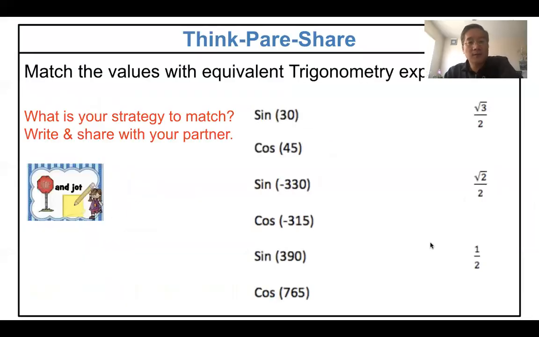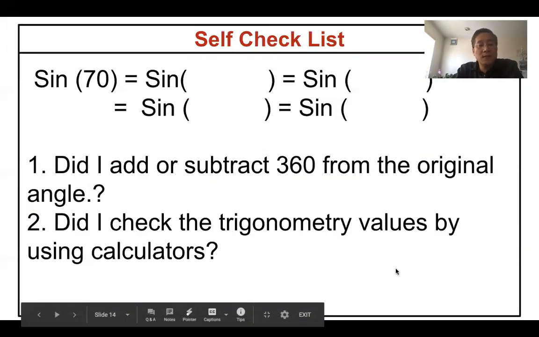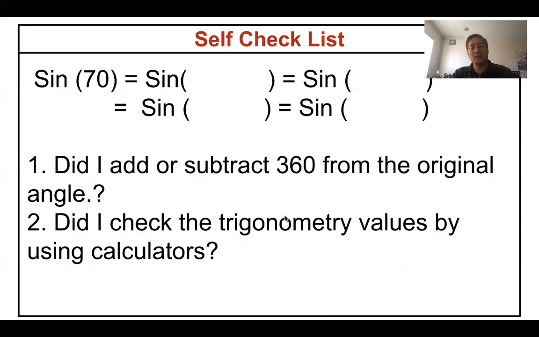Now you can check your understanding. To find the coterminal angles, you know what to do: add or subtract 360 degrees from the original angle. And you can check the trigonometry values by using the calculators. That's all.